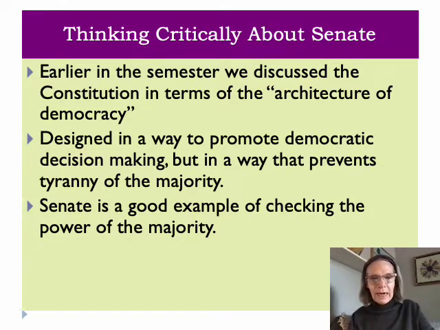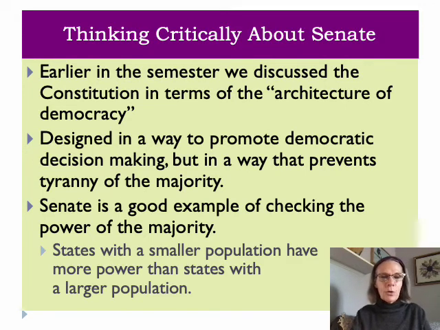And so the Senate is a really good example of an architecture of democracy, of trying to design a way to promote democratic decision making without the fears that come with tyranny of the majority. And so, as we know, states with smaller populations have more power than the states with a larger population. And why is that? Because every state gets two voices.